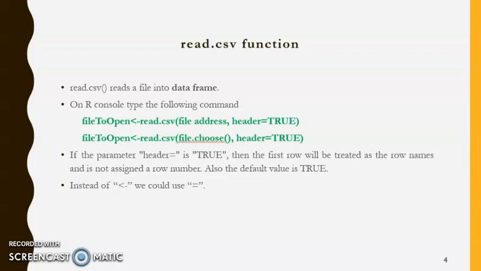Okay, let's start with this function, read.csv. As you have noticed so far, R is a high-level language. It means that this language is closer to the way human beings talk.